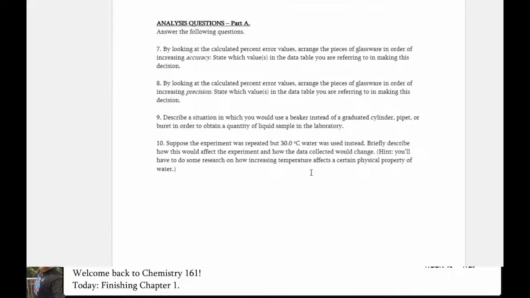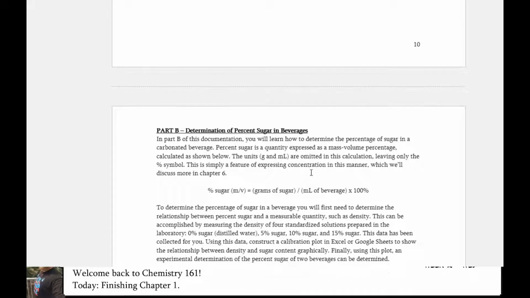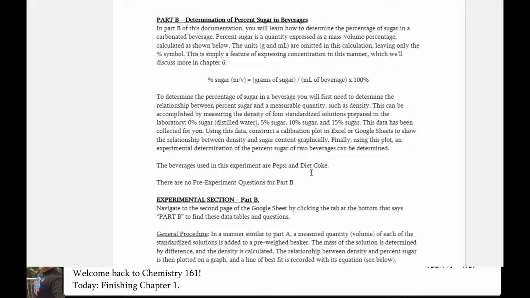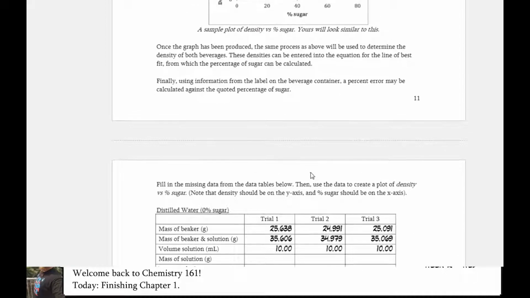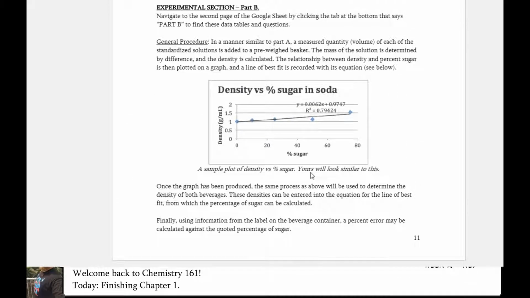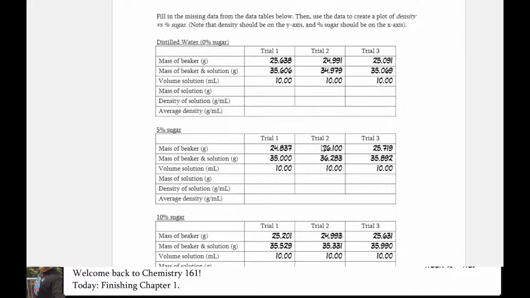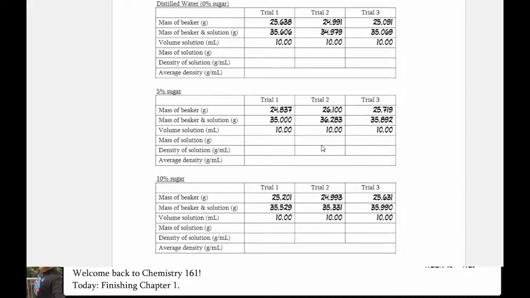All right, when I say experiment 1, I mean experiment 1 part A. There's a part B. And part B is going to have you plotting data on a graph to get the density of sugar. And your graph should look something like this when you're done. We're going to collect data, which I've already done for you.